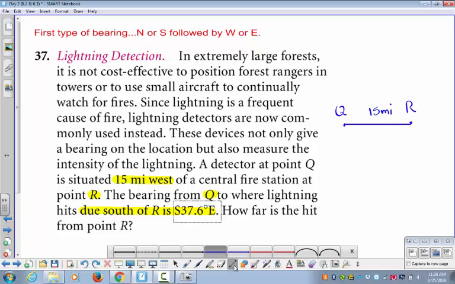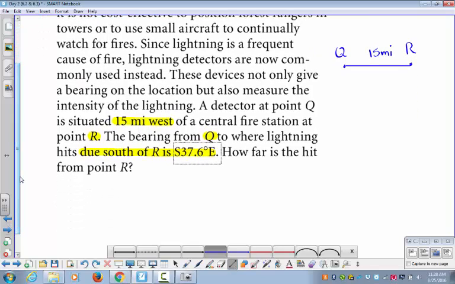So from Q, we're going south and then 37.6 degrees to the east. So when we look at our picture here, so we're going to go south and then 37.6 degrees, maybe it's there. That looks like about right. And so then I've got to go far enough that I'm due south of R. Everyone follow that?